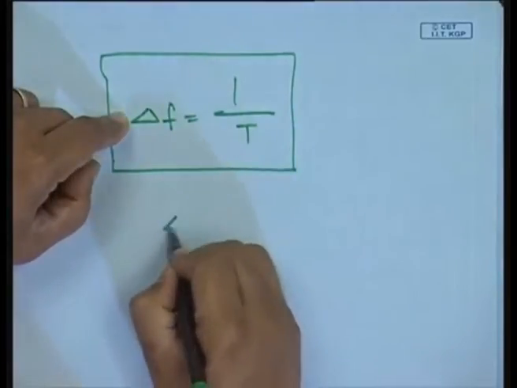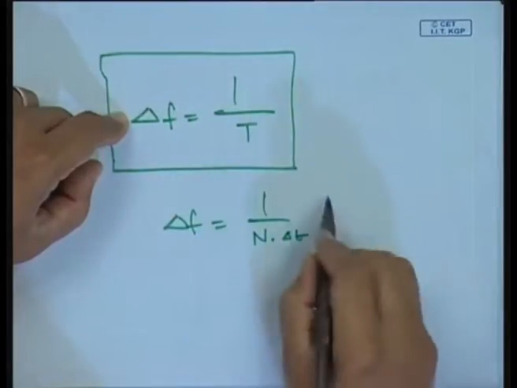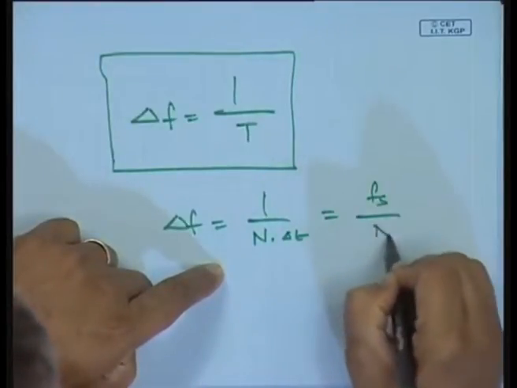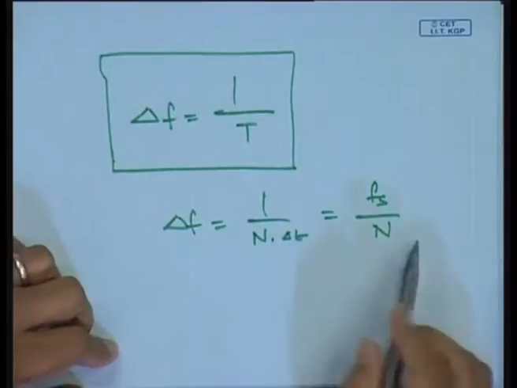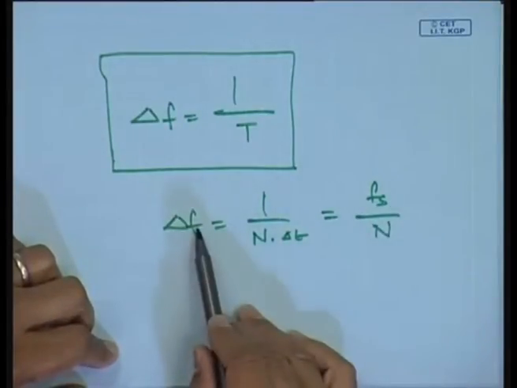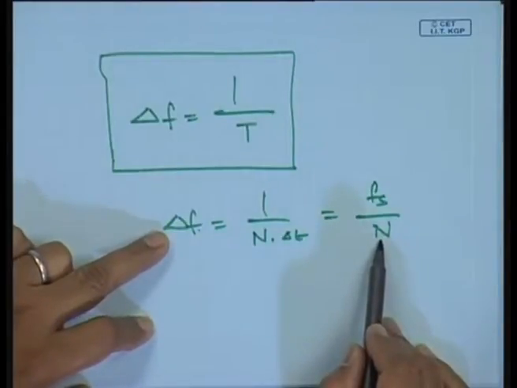Because delta f is equal to 1 by n delta t, because T is equal to n times delta t, this is nothing but sampling frequency by n. So, if my sampling frequency is fixed, I can have only a lower resolution or improved resolution if my n is large.